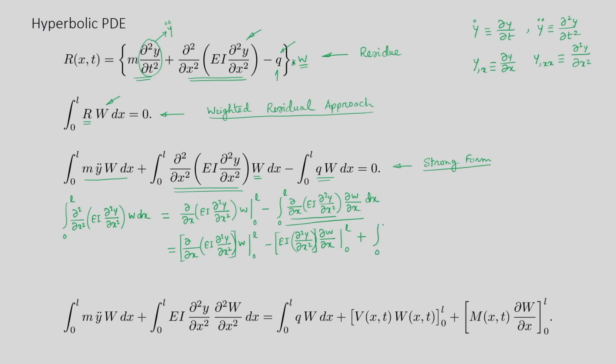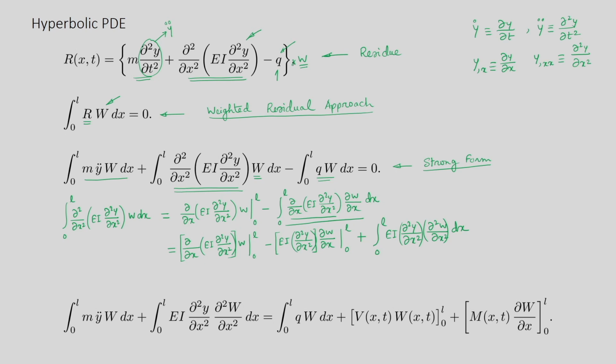So we will have integral 0 to L of EI del 2 y del x square del 2 w del x square dx. Here now we have both y and w, with second derivatives present.